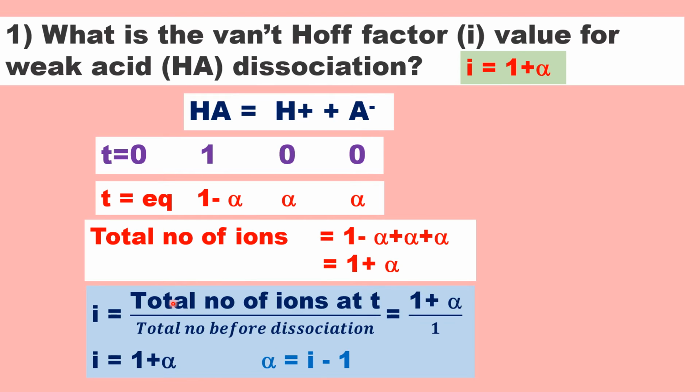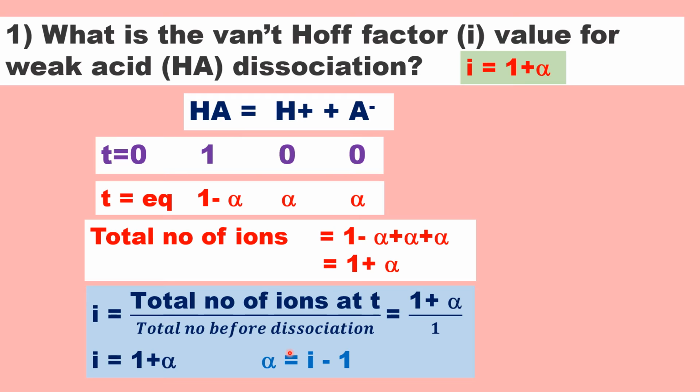And what is the formula for i? i equals total number of ions at time t divided by total number of ions before dissociation. Therefore, 1 plus alpha divided by 1, so i equals 1 plus alpha.